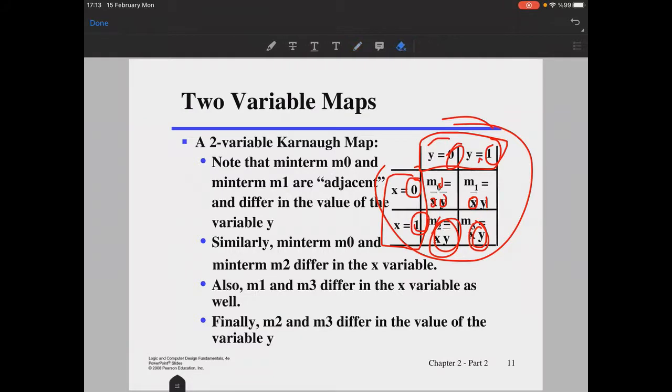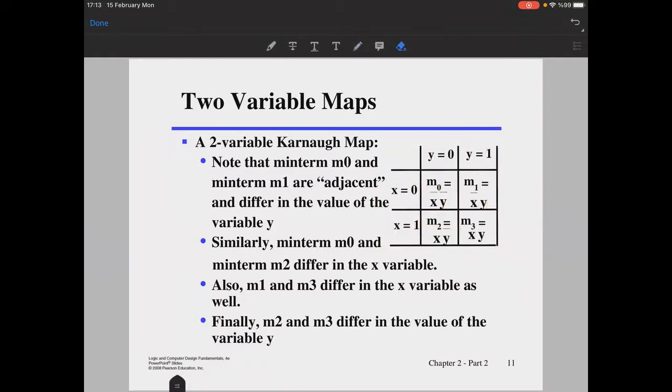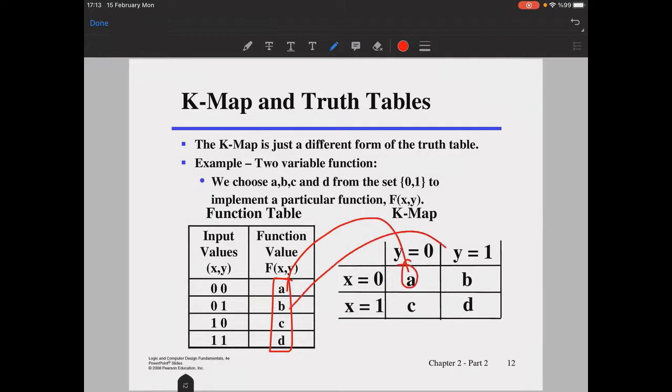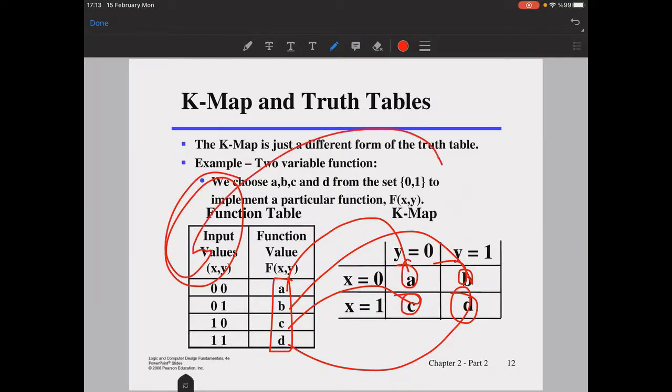They all differ by one variable in adjacent squares. And it is just a different version of the truth table. What you have as value will be located in their corresponding positions in the index. In fact, we're just transferring our truth table into this K-map.